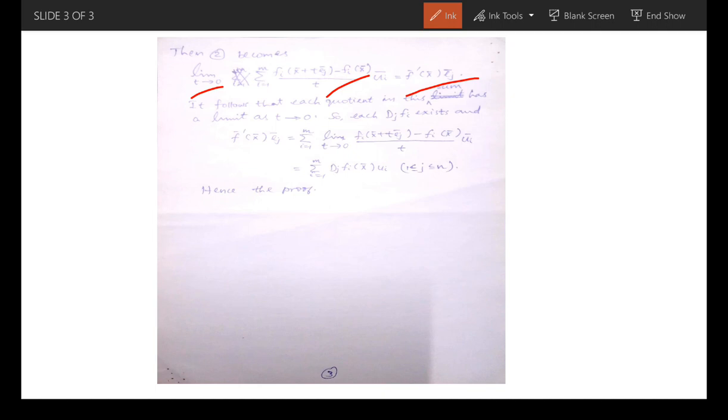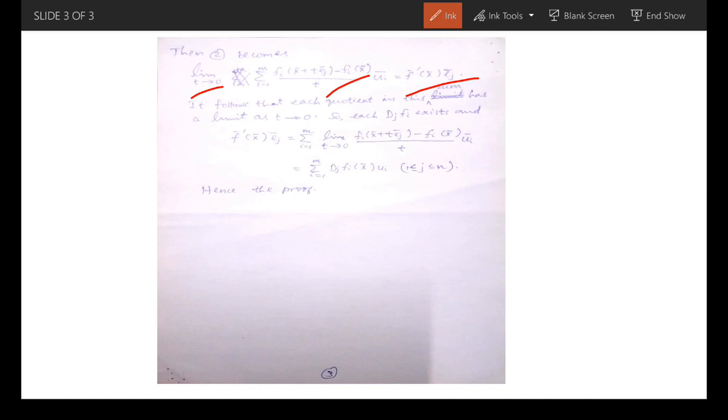Now, a vector function has a limit if and only if each component has a limit.